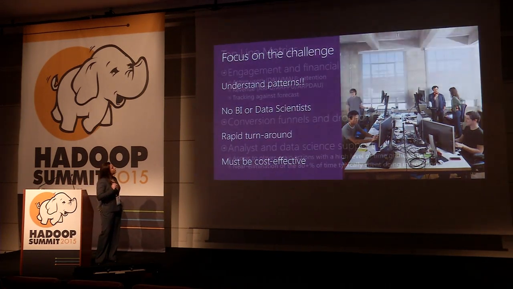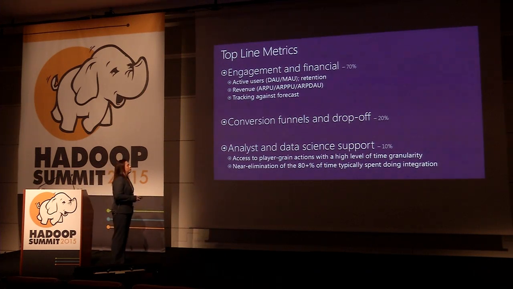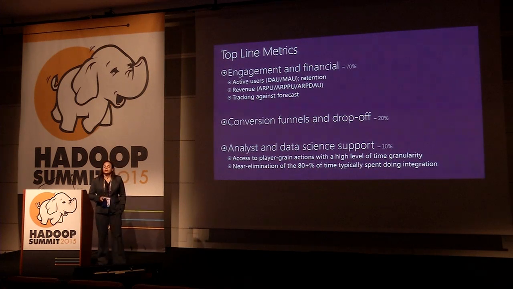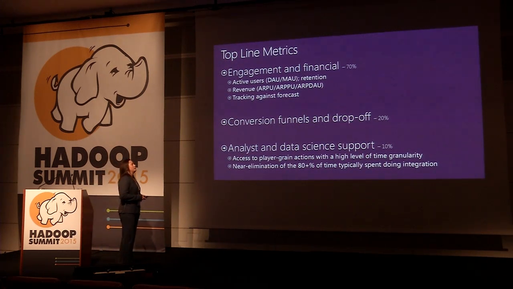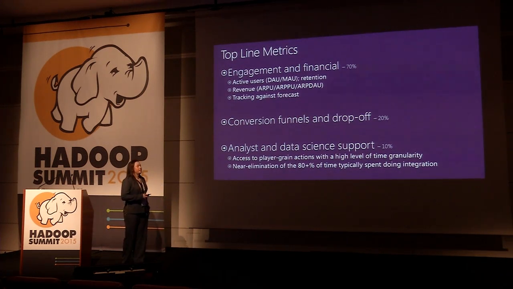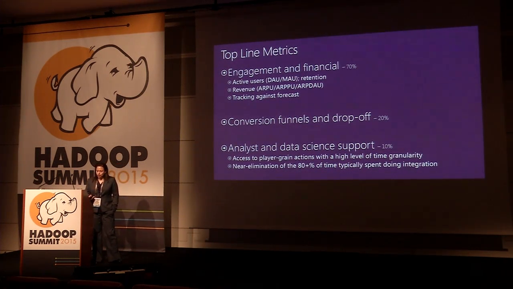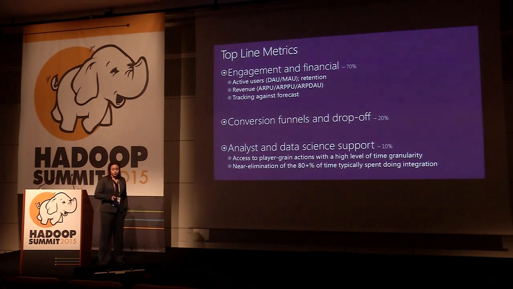All right. So what were some of the top-line metrics that they were looking at, and how did they get there? Because they were a new studio, one of their primary motivators was both on the engagement and the financial side. So about 70% of their effort needed to go into understanding their engagement and financial.